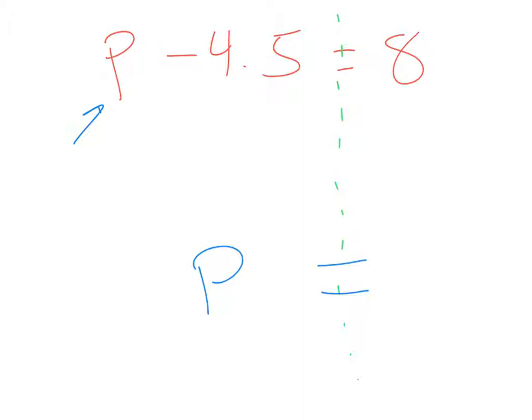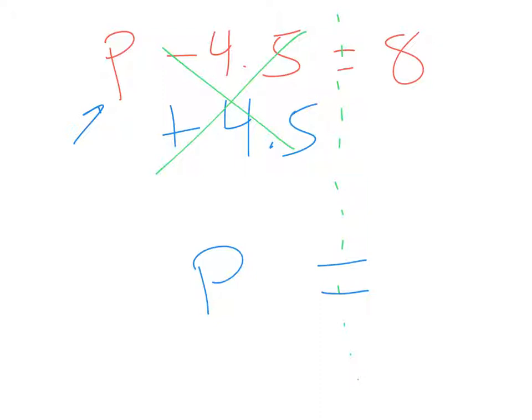The opposite of multiplication is division, and vice versa. So in this case, because 4.5 is being subtracted, I'm going to add it, and that will cancel those 4.5s out. If a number is being subtracted and I choose to add it, it cancels out that number.